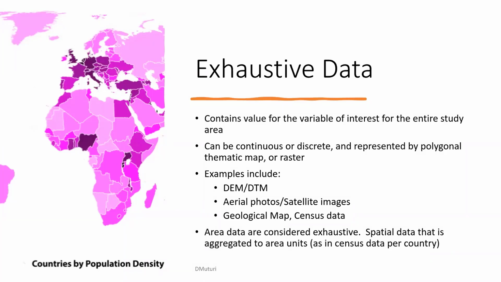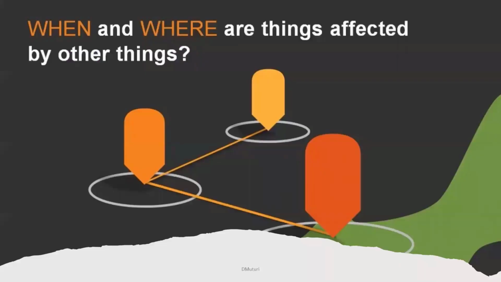If you summarize that into an area, where the area here is the county, then you are dealing with exhaustive data. You find this one very common. For instance, this map we were looking at is basically a map showing population density within countries, and where it's dark, those are countries that are highly populated, where the population density is high.